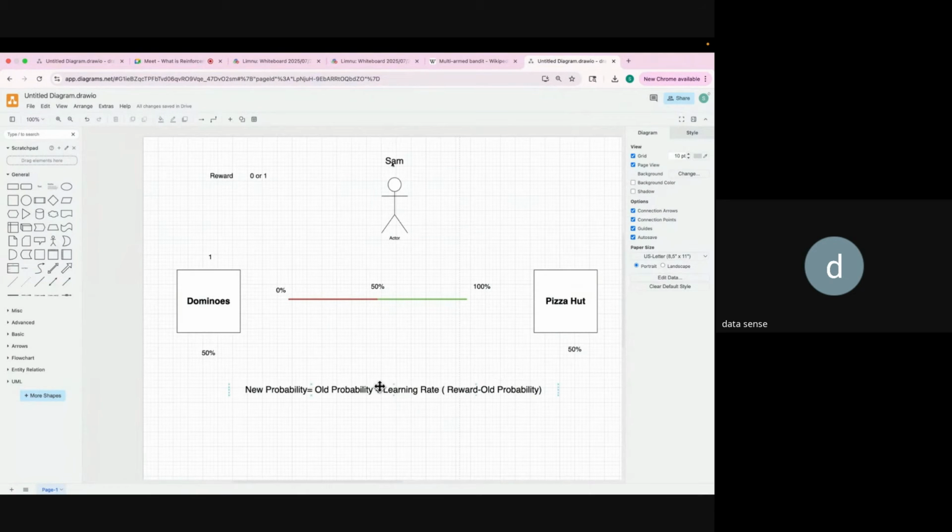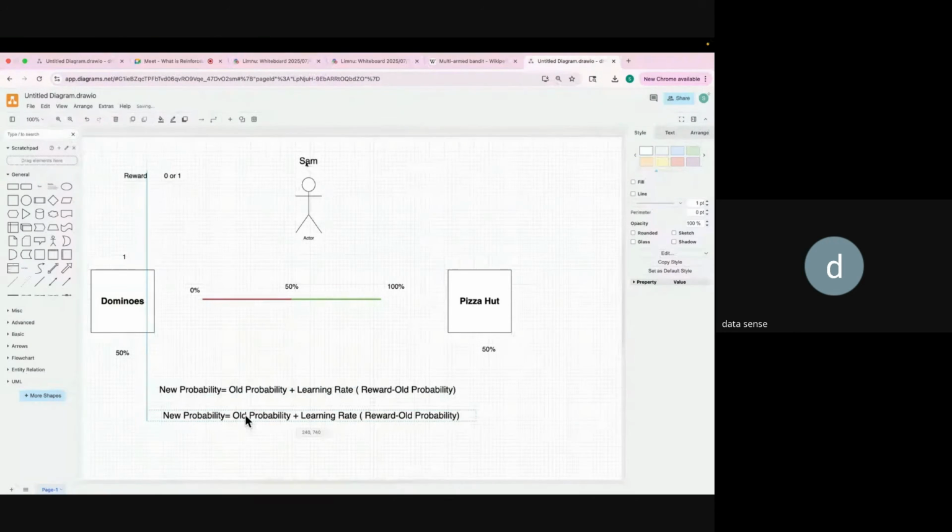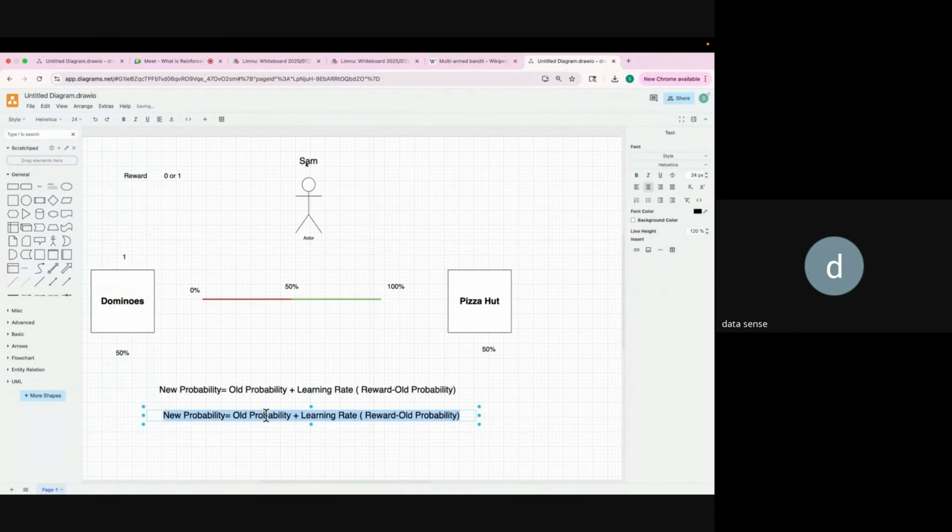When he went here, if I talk about new probability, what was his old probability? 50%, 0.5. Plus learning rate, which I'll speak about. Now, did he give a 1 or a 0 here? 1. What was his old probability? 50%.